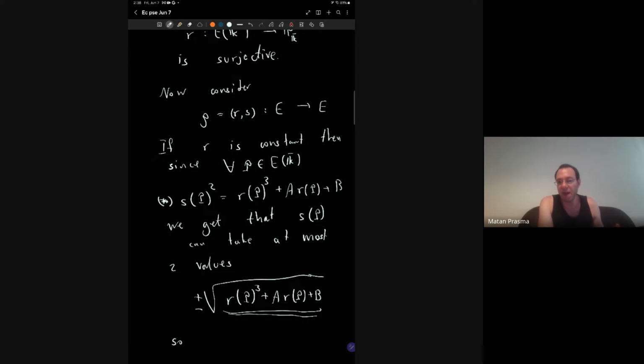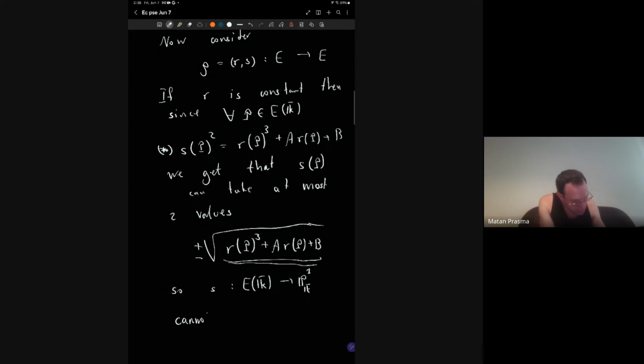But of course, if S can take at most 2 values, then S from E of K bar into P1 of K bar cannot be surjective, because the projective line over K bar is always infinite, and if S can take at most 2 values, it cannot cover an infinite set. So by the above, S must be constant.